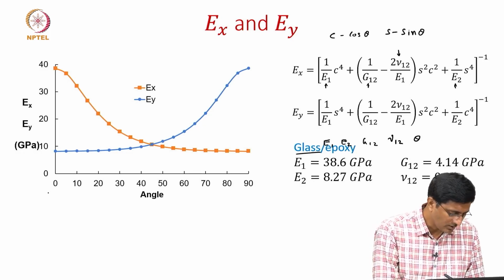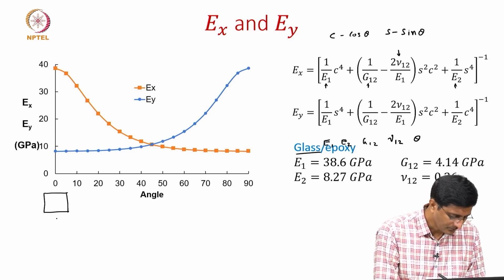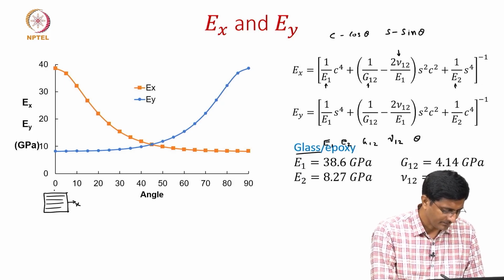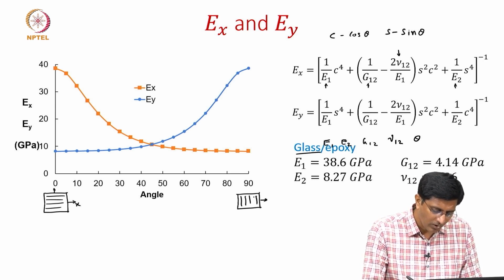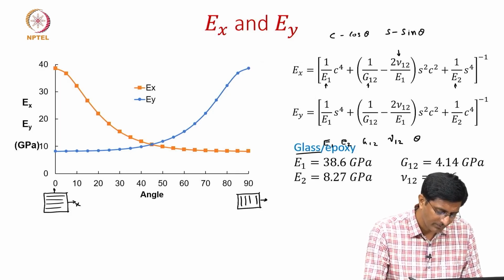So, when we say it is 0 angle, what we mean is the fibers are all aligned along this direction x, and when we are looking at angle theta being 90, we are saying that the fibers are all along the direction y.